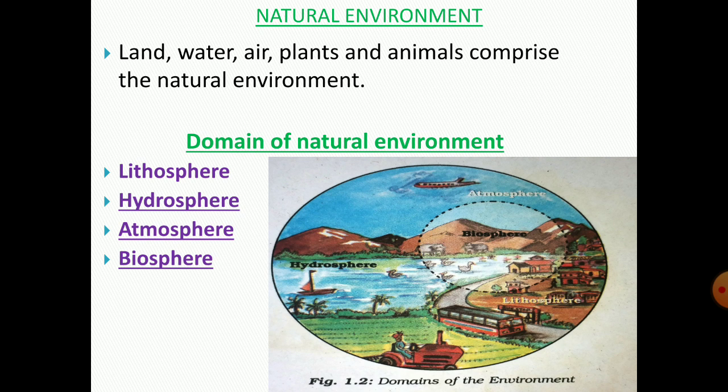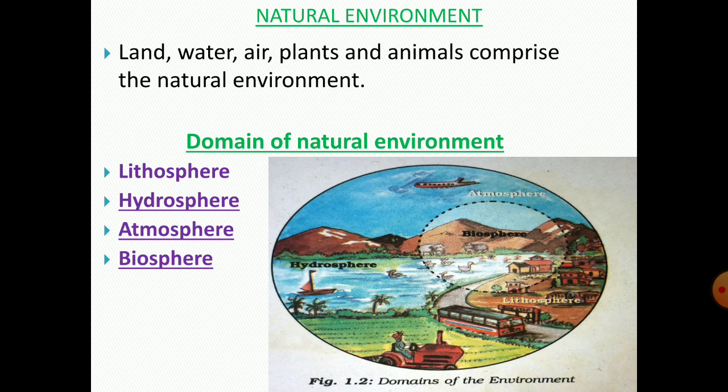In your sixth class you have studied about four spheres: lithosphere, hydrosphere, atmosphere, and biosphere. So, what is lithosphere? The lithosphere is the solid, hard top layer of the earth. It is made of rocks and minerals covered with a thin layer of soil.